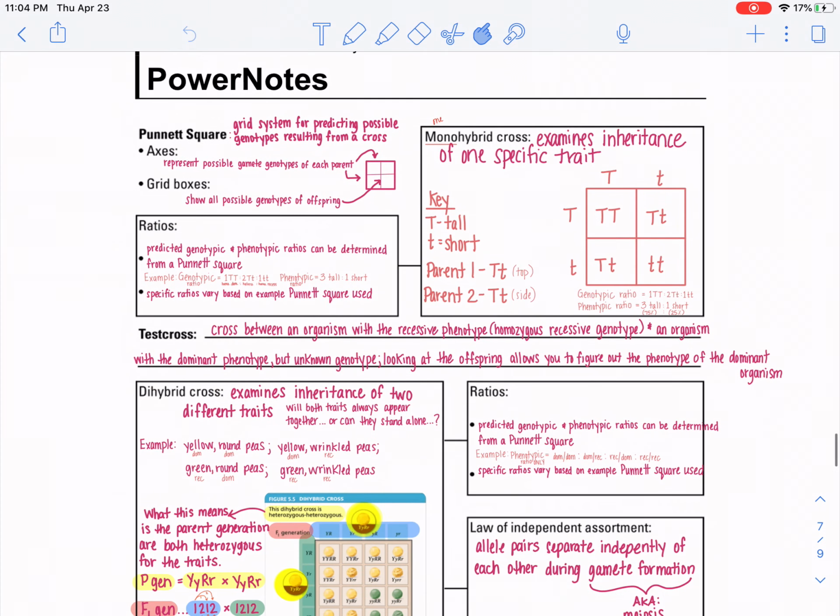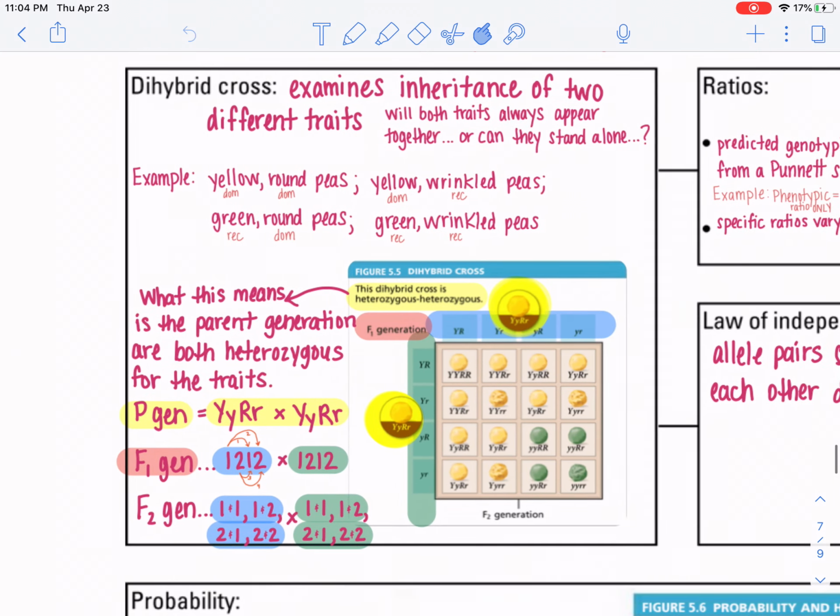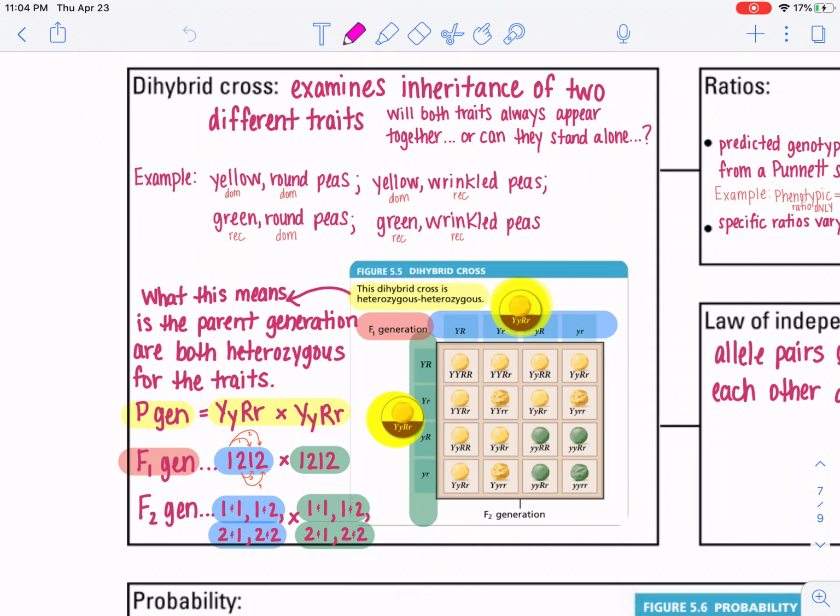But what I'm going to do is I'm actually going to go over this dihybrid. So remember, di means two, and I did not underline that like I normally do. But remember, di means two. So we are, in this case, talking about two traits. So what that means is we're going to end up with two different alleles. Remember, alleles are different forms of a gene, so we're going to think alleles, different letters.